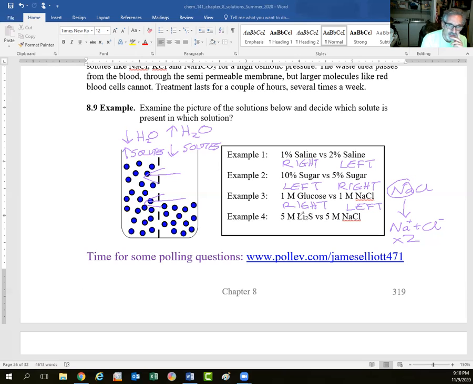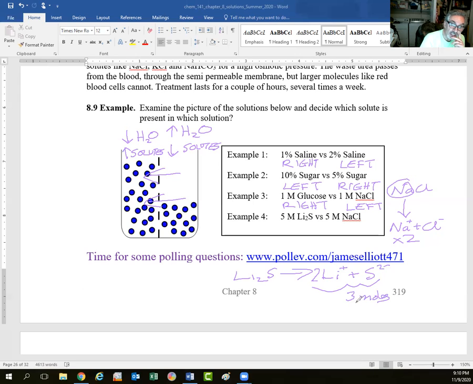And finally, 5 molarity lithium sulfide compared to 5 molarity sodium chloride. Sodium chloride, as we see, gives 2 moles of ions, but the lithium sulfide, as we talked about previously, dissociates to give 2 moles of lithium ions and 1 mole of sulfide ions. 2 plus 1, that's collectively 3 moles of ions.